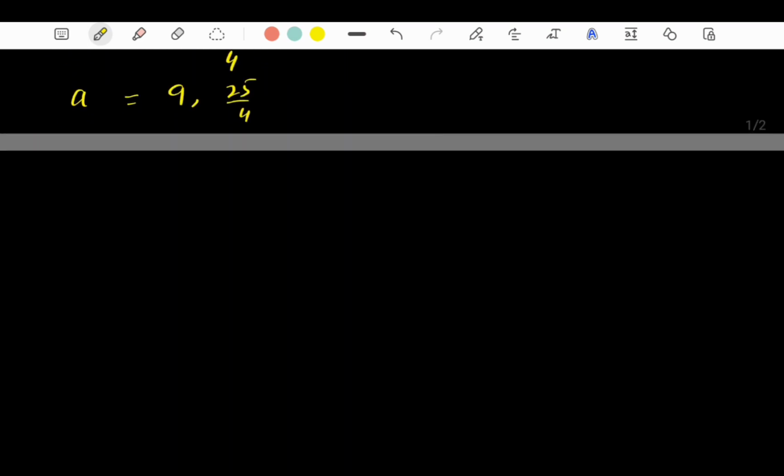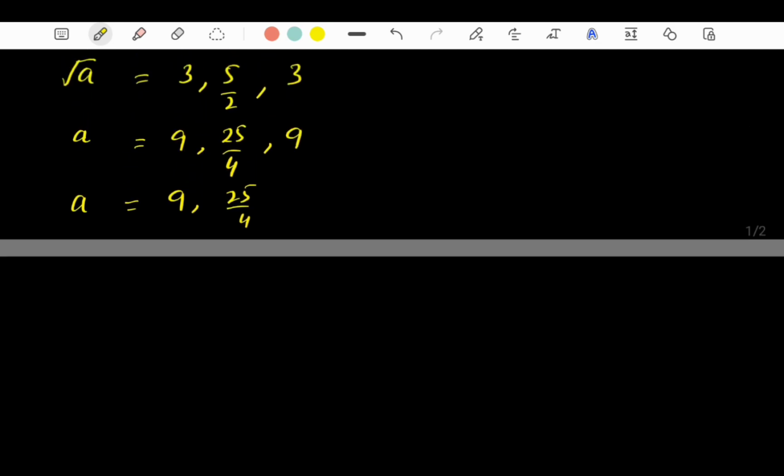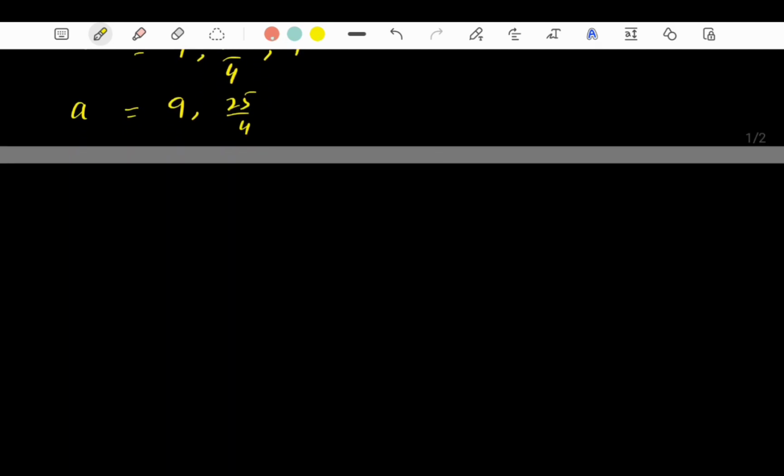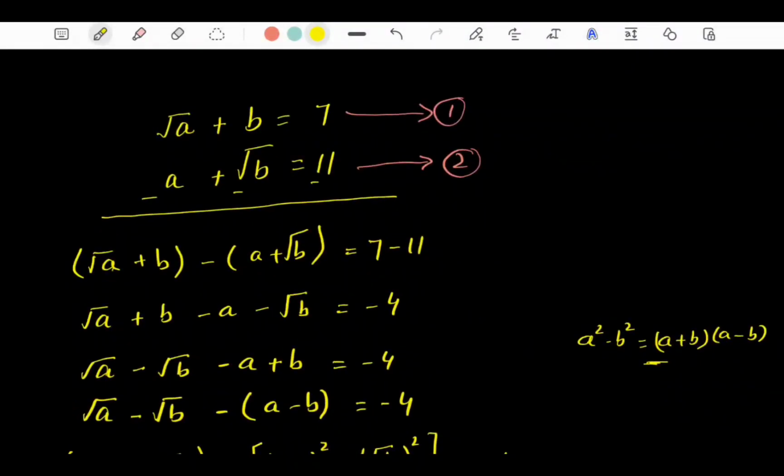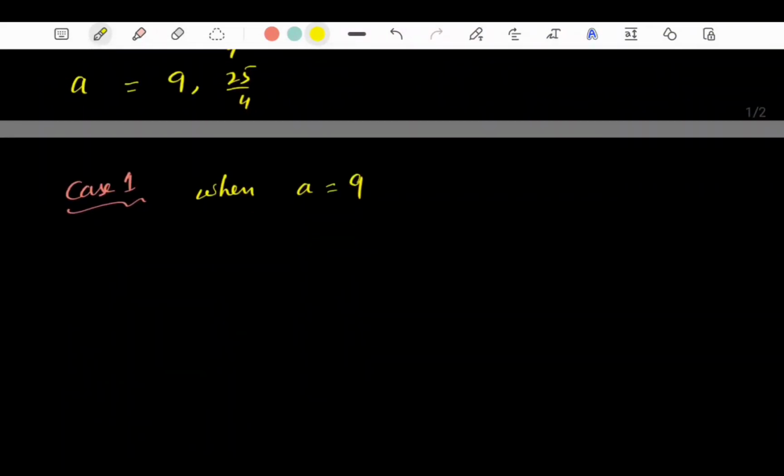Therefore, now there are two cases. Case 1 is when a is equal to 9. Then we go to the first equation, which is square root of a plus b is equal to 7.